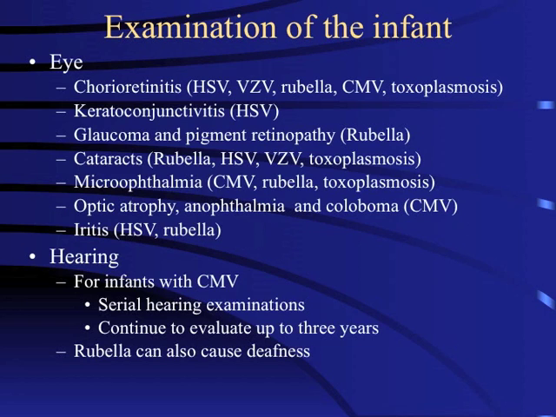There can also be hearing problems, especially with infants that have CMV infections, so they need serial hearing examinations. The recommendation is to do testing every 3 months for the first year, then every 6 months until they're age 3. Once they're past that, supposedly there's not much risk anymore. Rubella can also be associated with deafness.